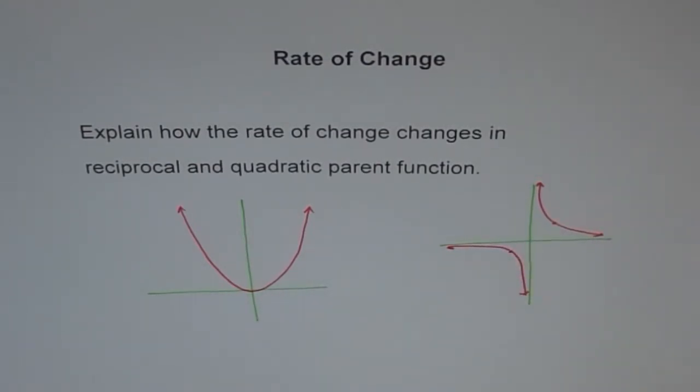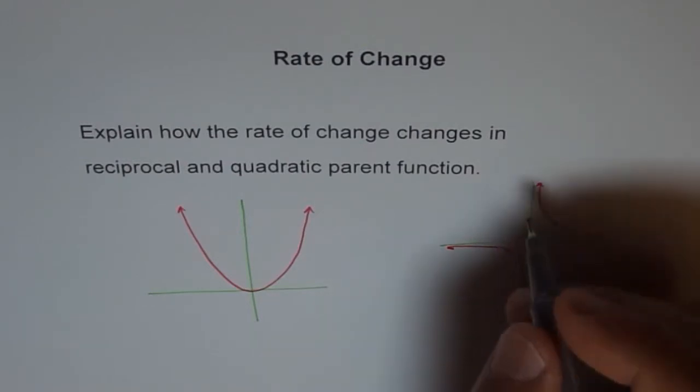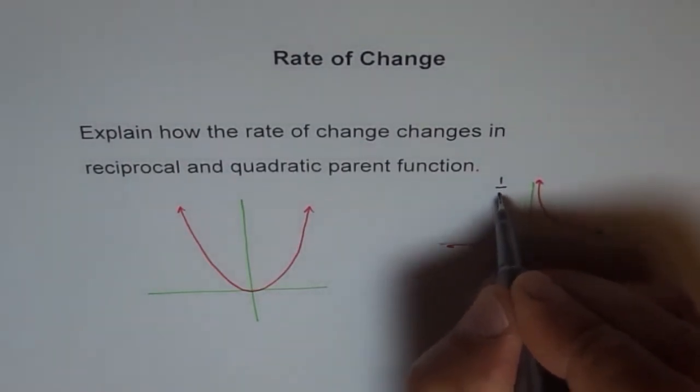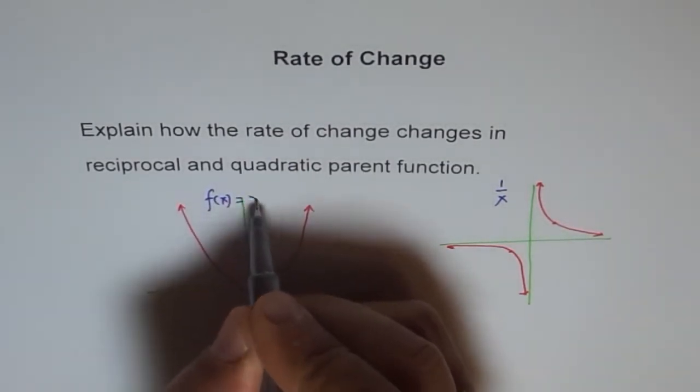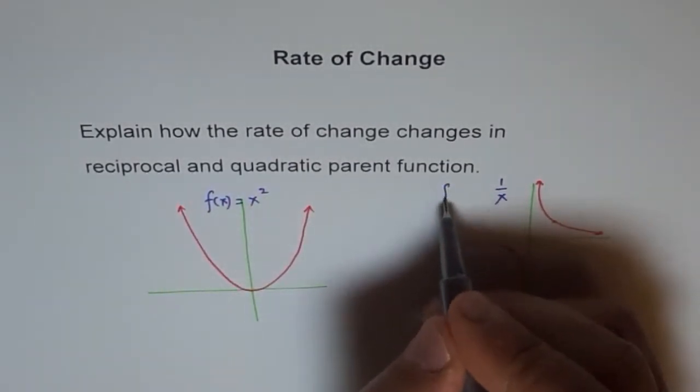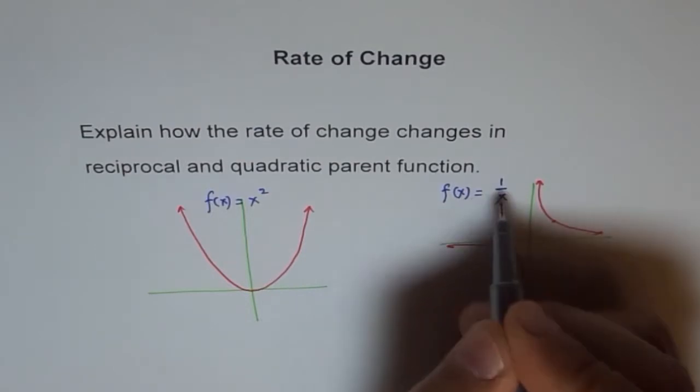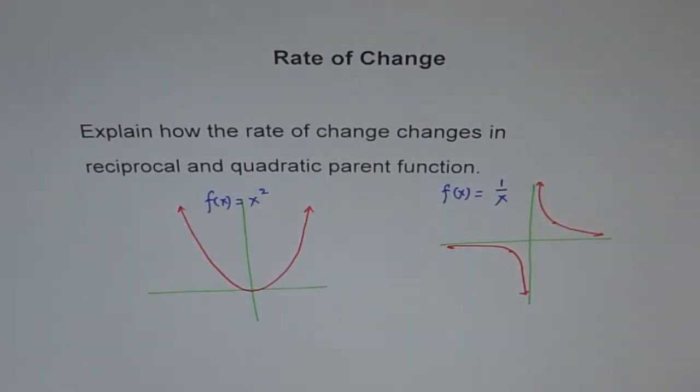Okay, so let's say this is our reciprocal function. I'm writing 1 over x here, and here my function is f of x equals x squared, right? Here f of x equals 1 over x. So that is the reciprocal function. Now, students in a hurry think it is an interval of increasing and decreasing.